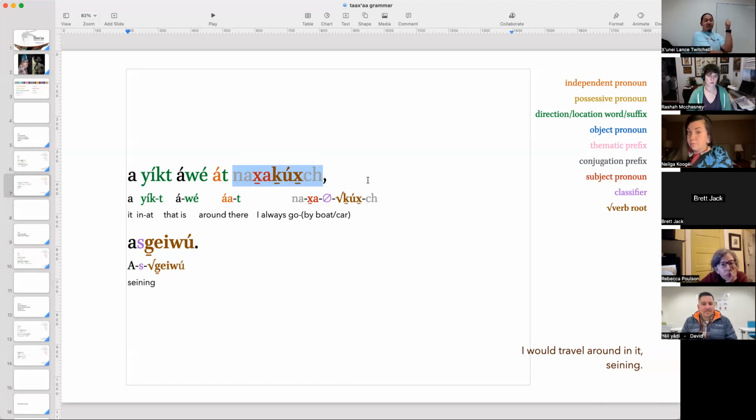It means either I always do. So you could say, like, if you like to get in your car and just go for drives, I always go driving. That's what this CH does. It's a habit, habitual is what's called, right? So I'm always driving. In this case, like, I'm always driving around, I'm cruising. And in a boat, yeah, I go all over the place in my boat.